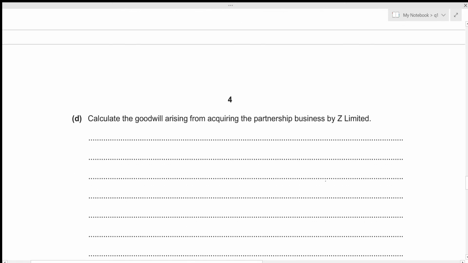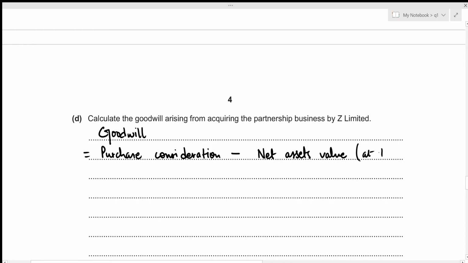We now need to calculate the goodwill arising from acquiring the partnership business by Z Limited. Okay, so the thing to remember is that goodwill is just the difference between the purchase consideration minus the net assets value taken over at takeover.